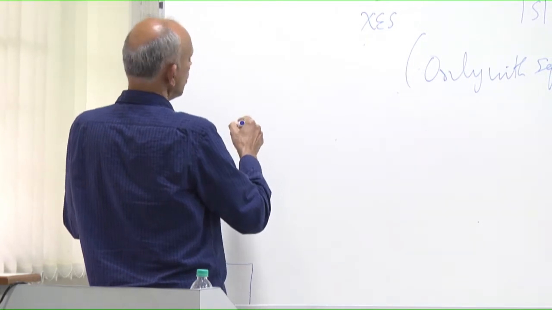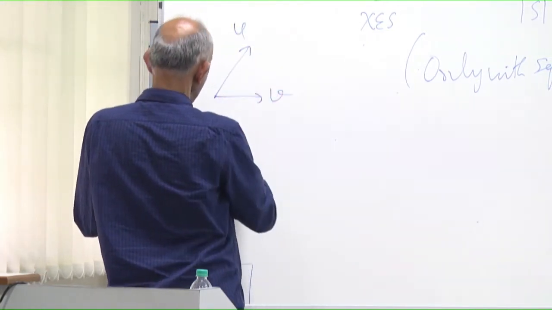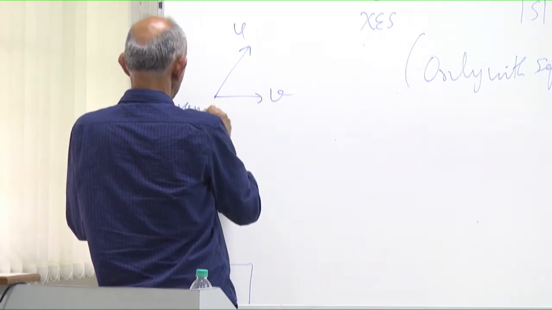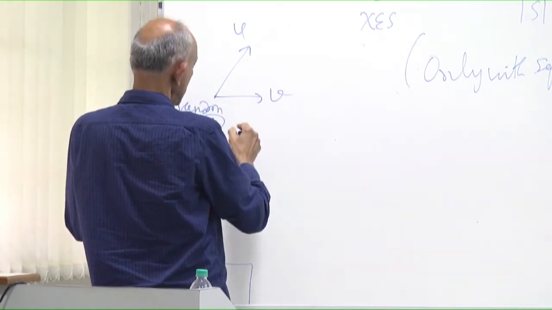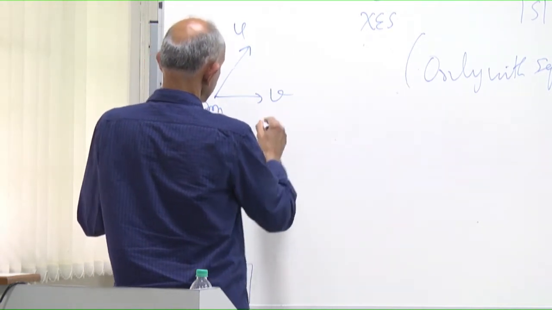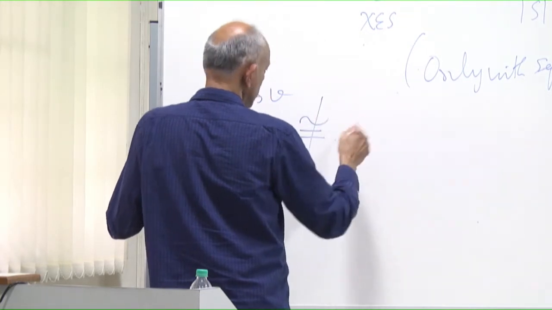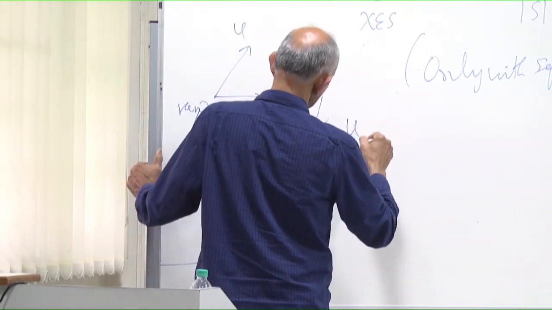If I have two vectors u and v, and a random projection p, it's not true that the angle between pu and pv is equal, in any scaled way, to the angle between u and v.